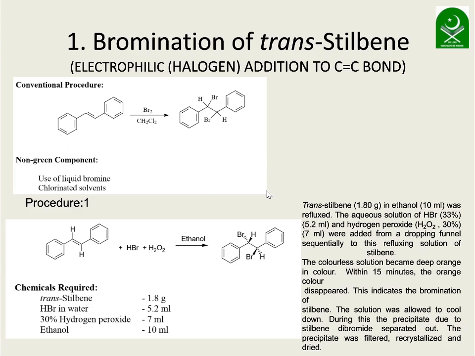In this green chemical approach, the bromination of trans-Stilbene is executed using these chemicals: trans-Stilbene, 1.8 gram; hydrogen bromide in water, about 5.2 ml; hydrogen peroxide, about 7 ml; and ethanol, 10 ml.